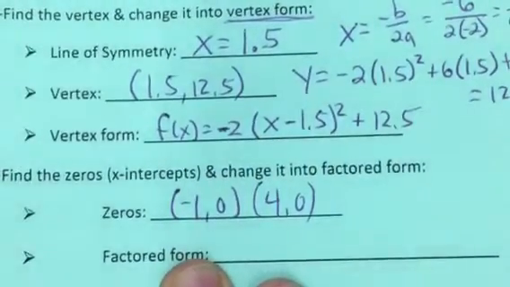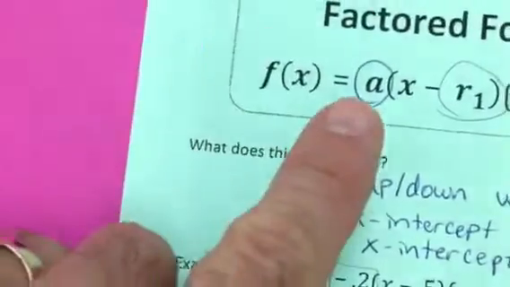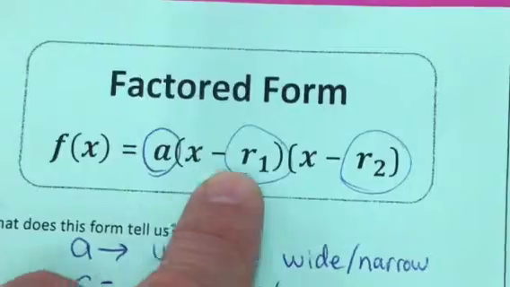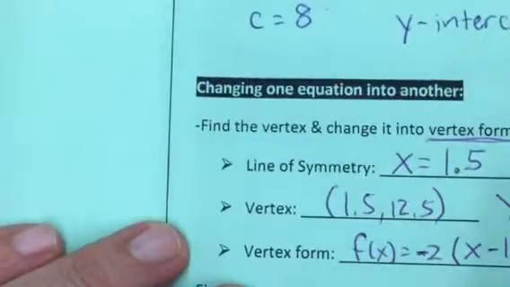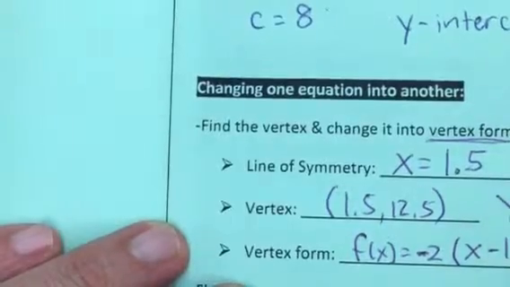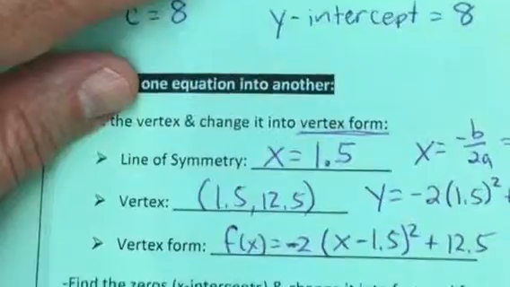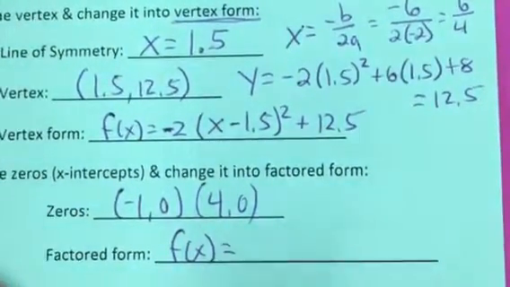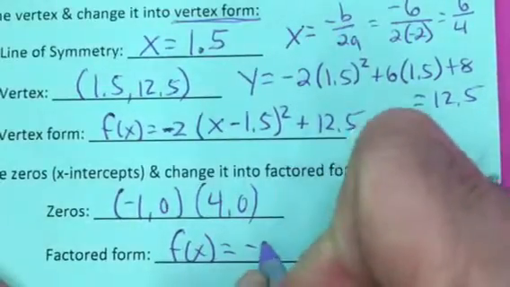Okay, factored form says A stays the same. A doesn't change. X minus and X minus. A was negative 2. Factored form, negative 2.